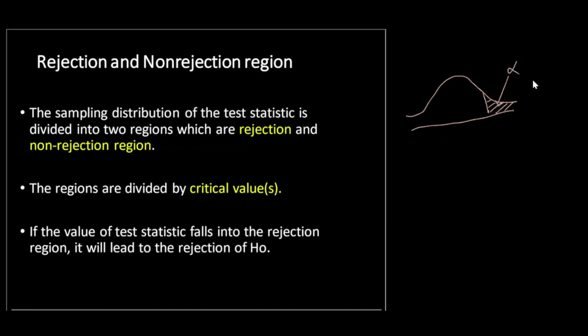So the alpha is also the rejection region, and the one here would be the non-rejection region. Next, the regions are divided by a critical value. This value here is called the critical value. If we use the normal distribution, then it's denoted by Z alpha. Then the next step would be to check whether the test statistic falls in the rejection or the non-rejection region to make our decision and conclusion.